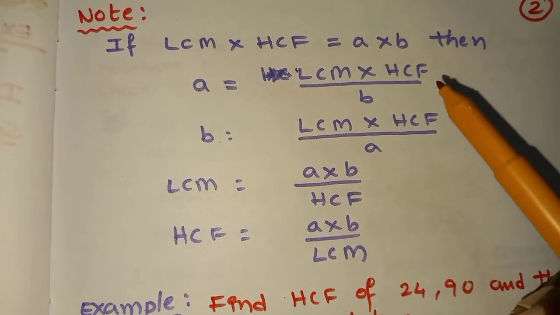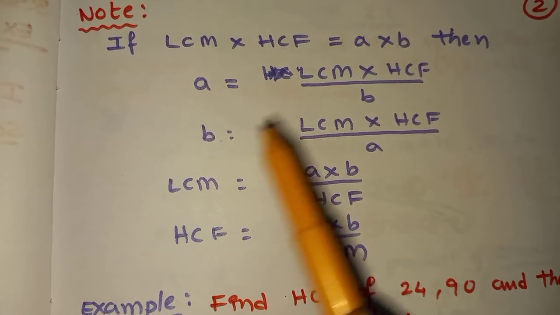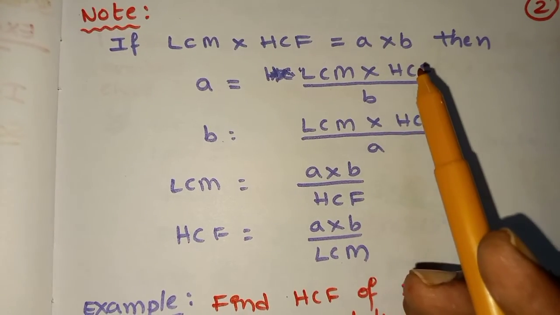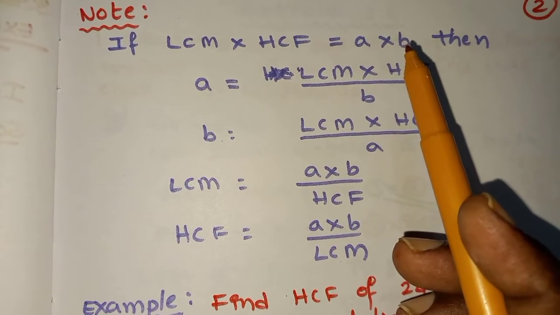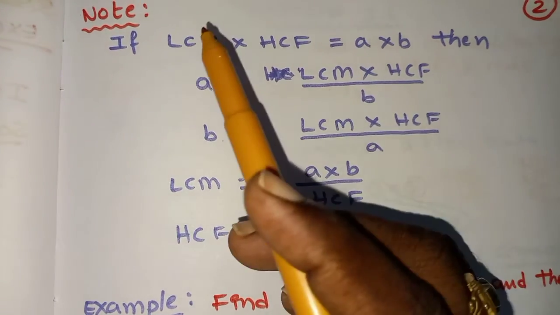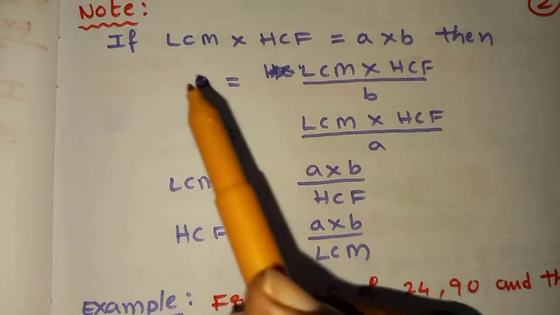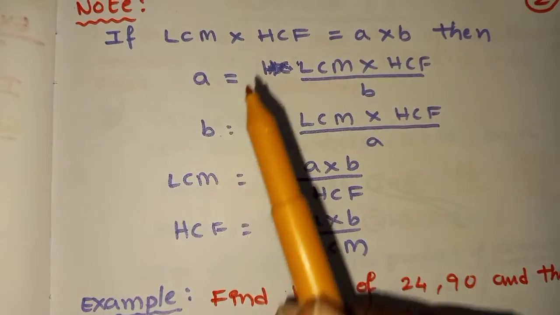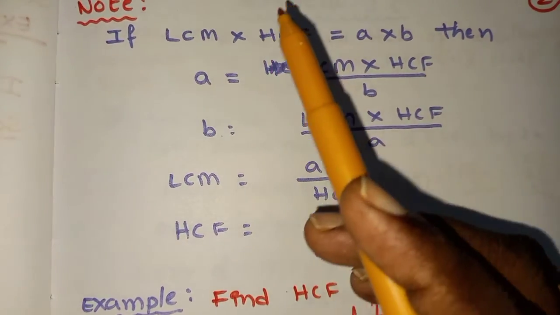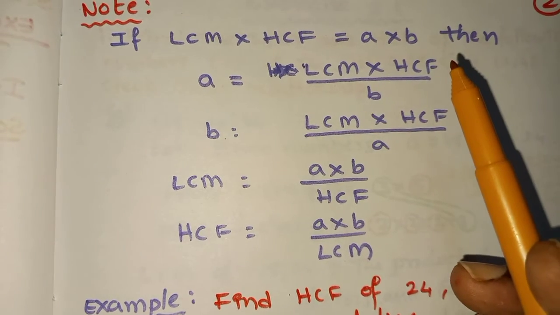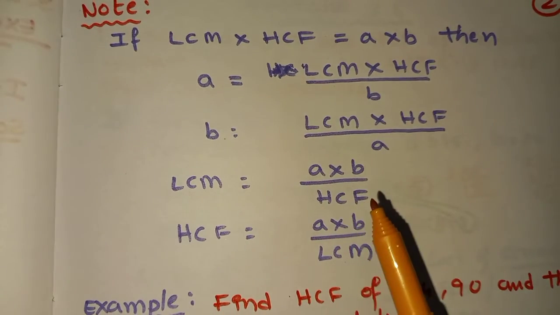Next, if we keep B the same here and transpose to that side, then A will go to the denominator. Similarly, if we keep LCM here and transpose HCF to the right hand side, then it goes to the denominator.